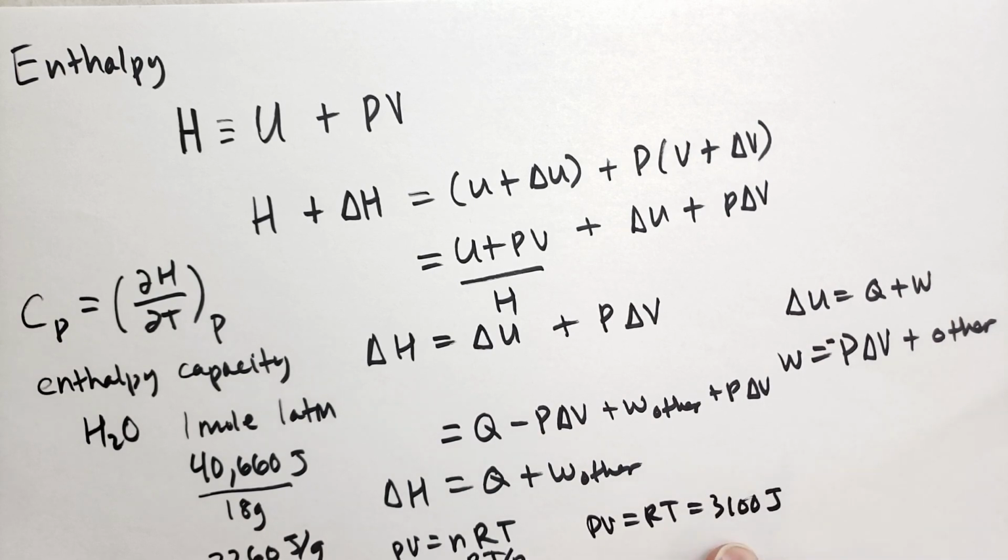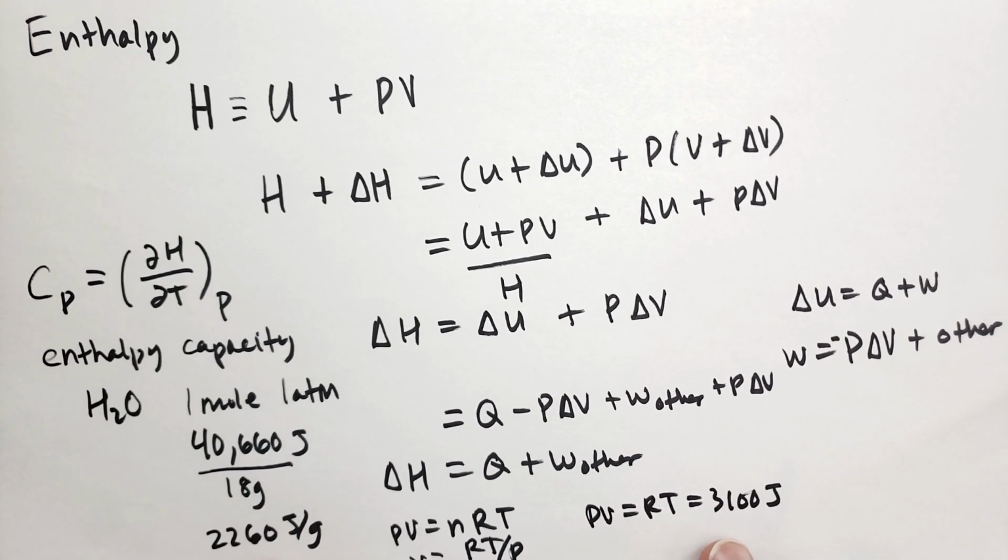So that's the amount of work done to increase the volume by pushing the atmosphere away. Okay, so of that 40,660 joules, 3,100 of that is used to increase the volume.